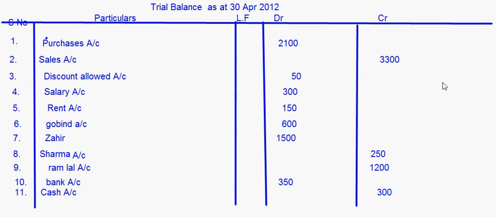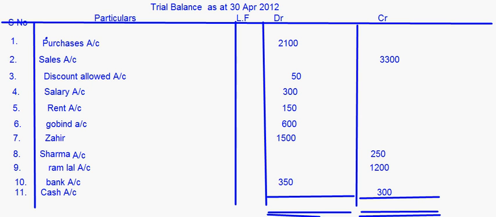Now the final test of the trial balance is the debit side total and the credit side total should match. If they are not matching, that means you have gone wrong somewhere in your ledger posting or your journal entries, whatever, right? So now if you total this, this is 3,300 plus 250 plus 1,200 plus 300, right?